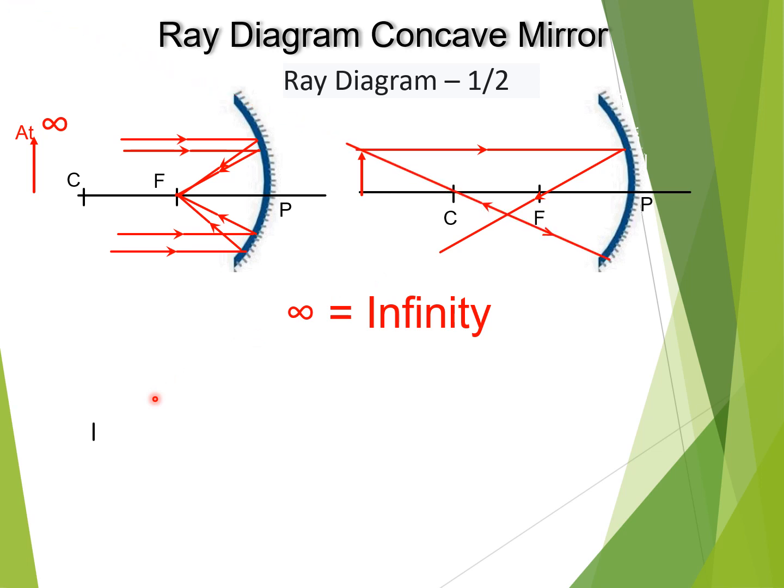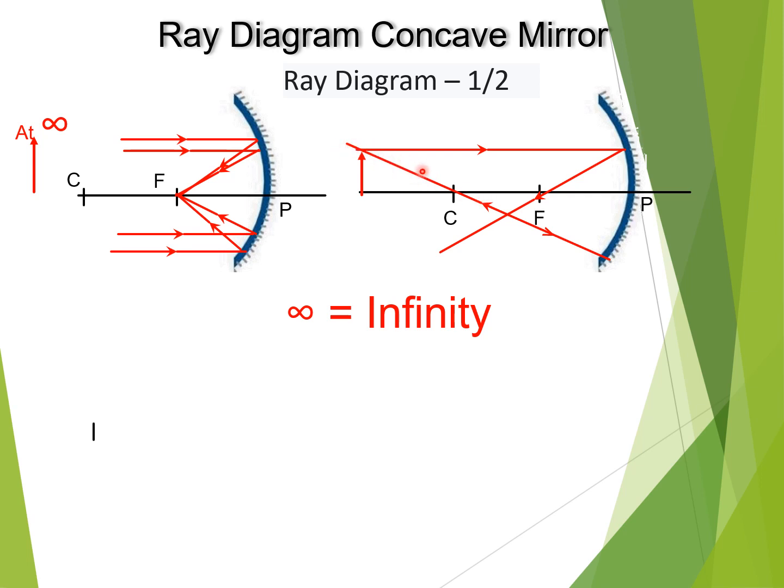Now the second ray will pass through the center of curvature. This is another property of the ray, that if the incident ray is passing through the center of curvature, it shall reflect, or it shall trace back the incident ray.